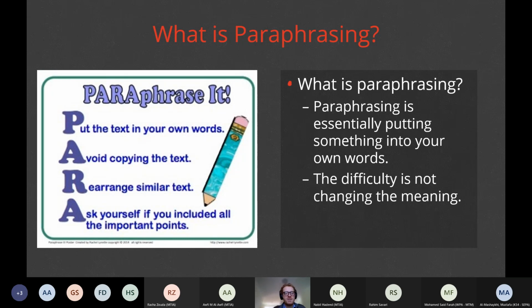When we paraphrase, we can use the acronym PARA: put the text in your own words, avoid copying the text, rearrange a similar text, and ask yourself if you included all the important points. You want to include all the important points so that you are describing the situation in enough detail, and that will also ensure that you are not changing the meaning.